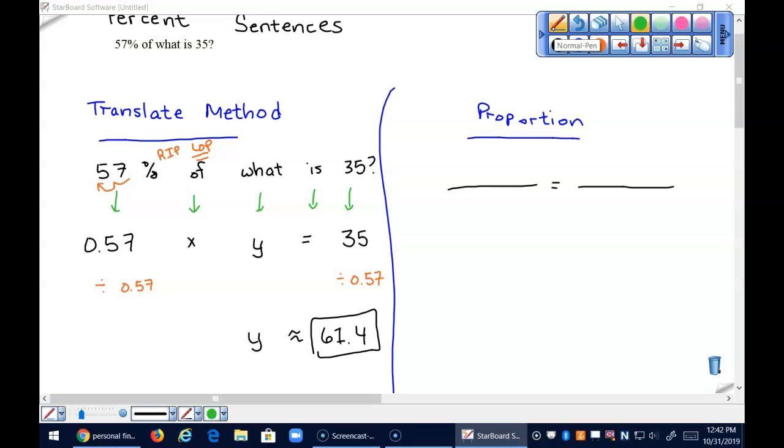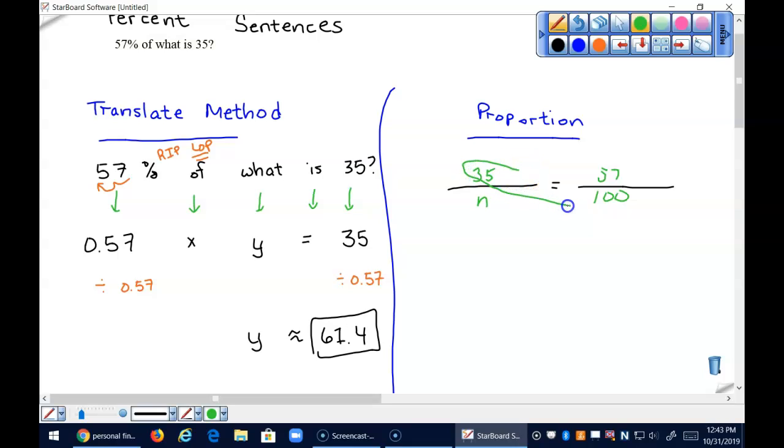Okay, so we know 57%. So 57 goes over 100. And then from your example, anything after the word of always goes in the lower left-hand corner. So I use N for number. Is that okay? Sure. Okay. And then we have the last number, which is 35.